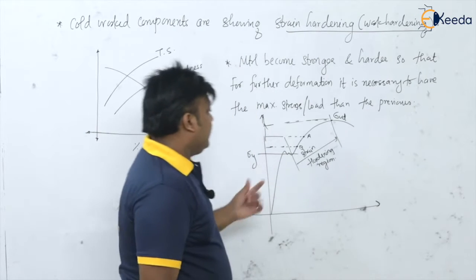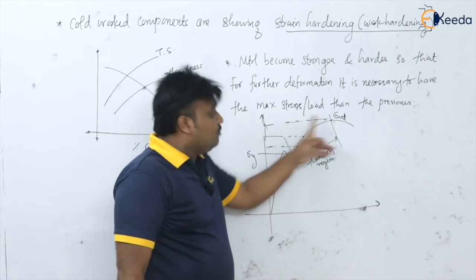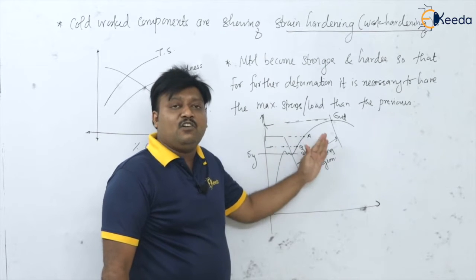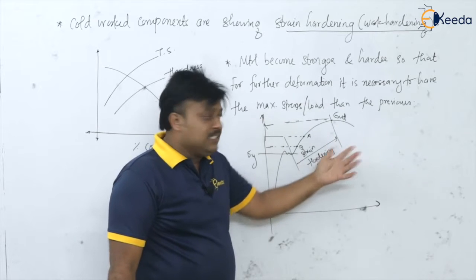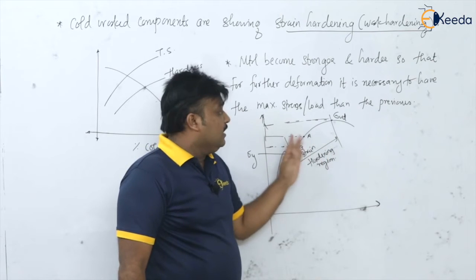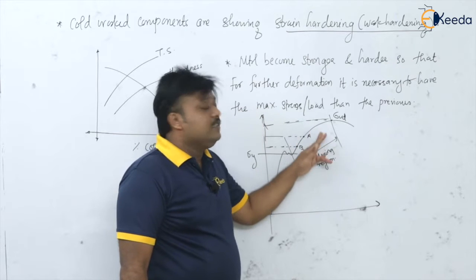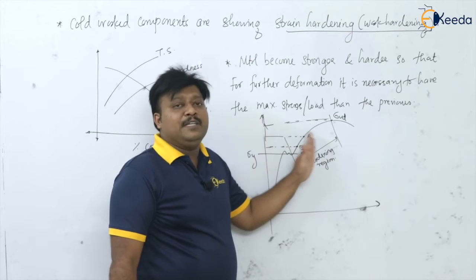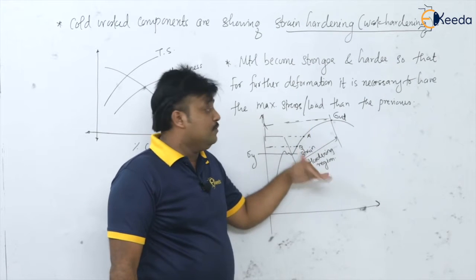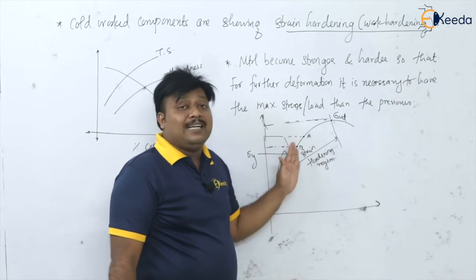Okay, so see here, because of this cold working, because of this strain hardening, the material is getting stronger and harder. So definitely maximum stresses are required to deform the material. So in these circumstances, what are the chances? There are chances of crack generation. So up to a certain limit, no doubt deformation is possible. After that limit, the cracks are going to form.